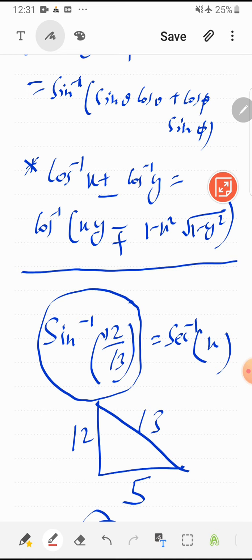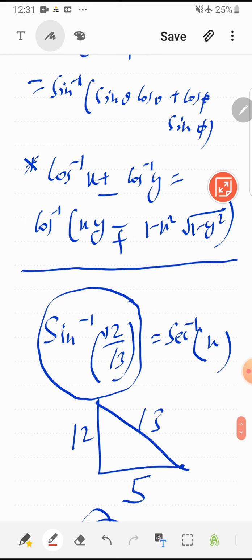Then what is the way to convert? See, in inverse trigonometry, if it is said sine inverse 12 by 13, what is secant inverse x? That means in terms of trigonometry we are being asked, if the value of sine is 12 by 13, what is the value of secant inverse? So this is the perpendicular, this is the hypotenuse. I can find the base, which is 5.